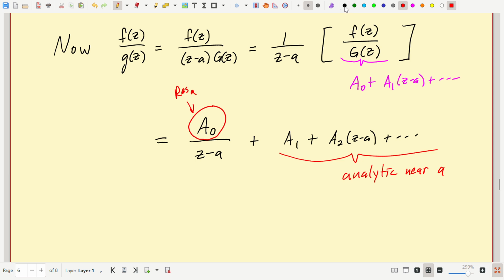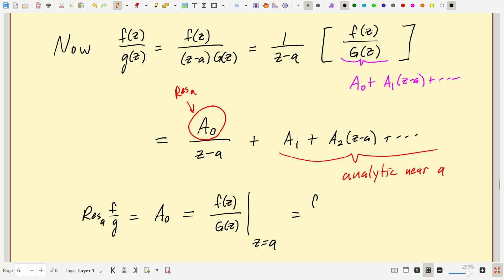And so the residue term of f over g is a naught, and that's the value of f of z over capital G of z at z equals a. Of course, that's f of a on top, but we noted above that capital G at a is the little g prime of a from the Taylor expansion.